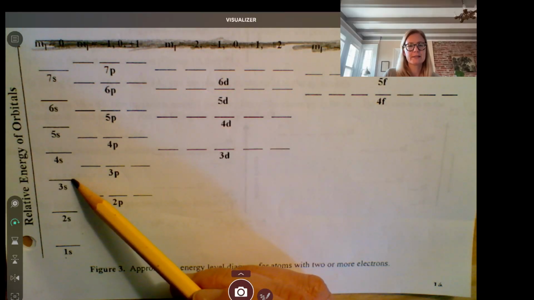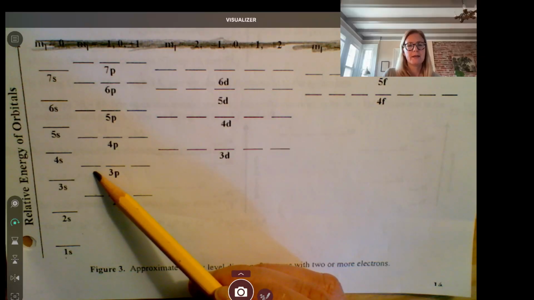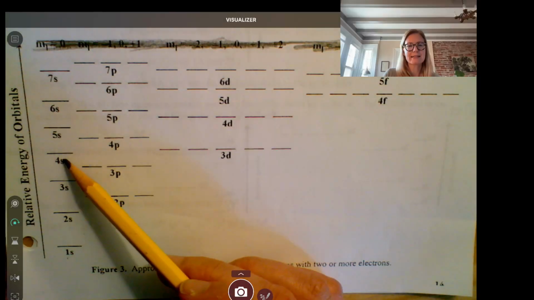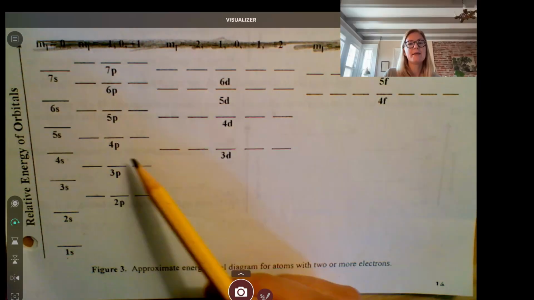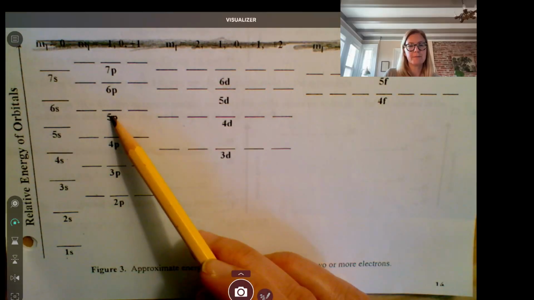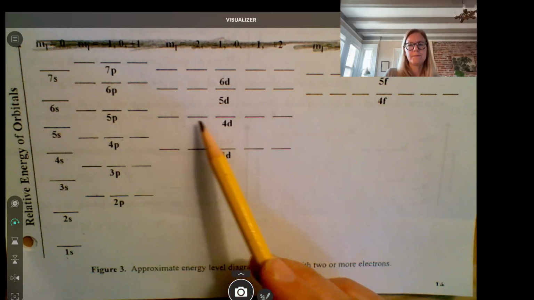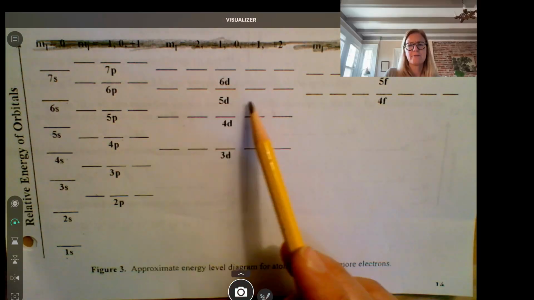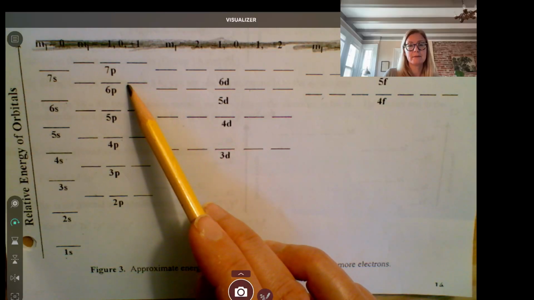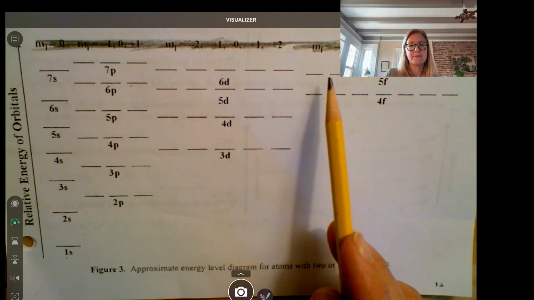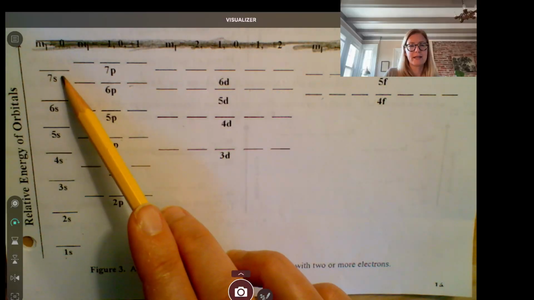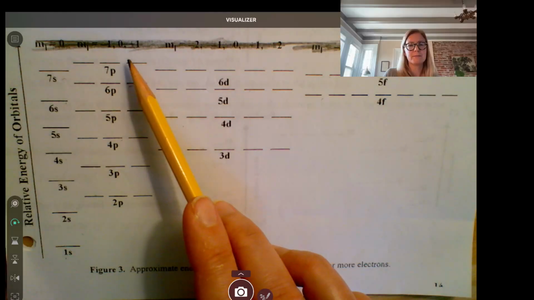Then you fill 3s, then you fill 3p, and then look carefully at which one's lower down, 4s or 3d. You'll notice 4s is slightly lower, so we fill that, then we fill 3d, then we fill 4p, 5s, 4d, 5p, and then 6s, 4f, okay, 5d, 6p, I think the next lowest is 5f, and then 7s I think is lower, and then 6d, 7p.